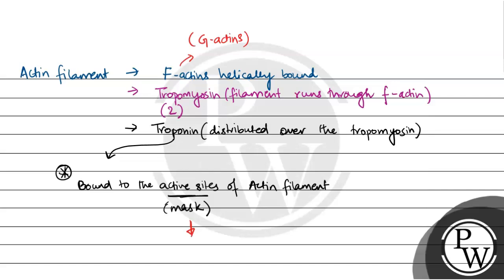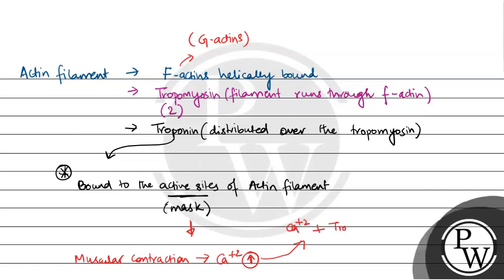जब muscular contraction initiate करना होता है, acetylcholine is released in the neuromuscular junction, as a result of which जो calcium होता है that is increased in the sarcoplasm from the sarcoplasmic reticulum, and this calcium binds to the troponin.